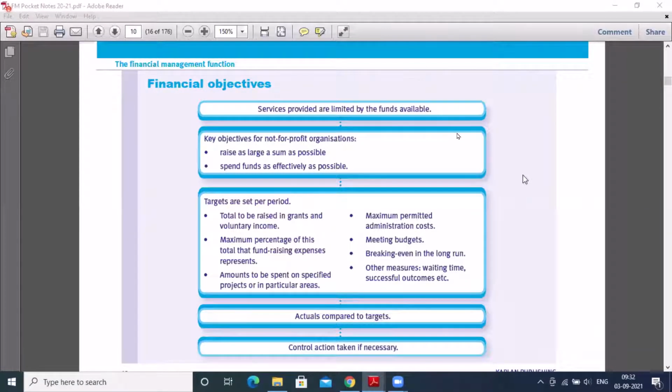So every not-for-profit organization will fix a target. So this year, our target is to raise, let us assume, 1 million. It can be through grants or voluntary income. Grants in the sense, I'm speaking from the government perspective. If they are planning to pull the resource from the government, that can be considered as a grant, and the voluntary income, in the sense, whoever the beneficiaries or the subscribers are, all these are voluntary.